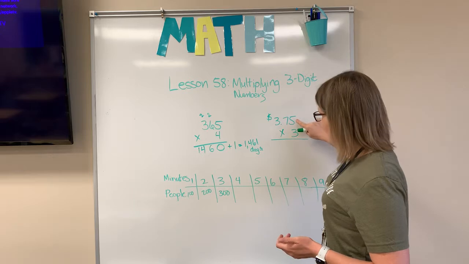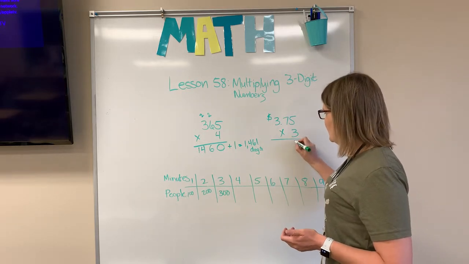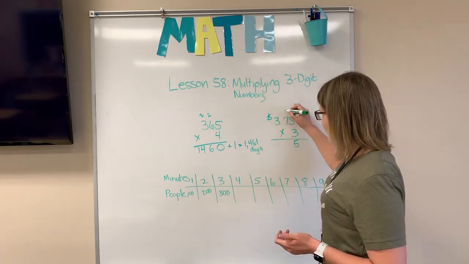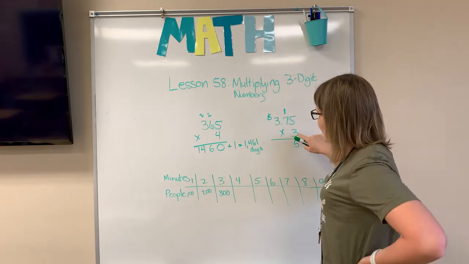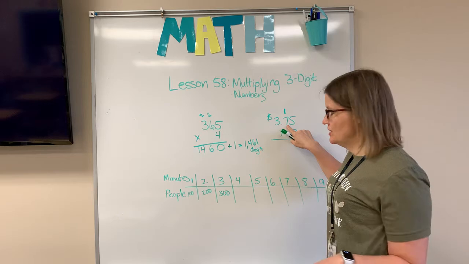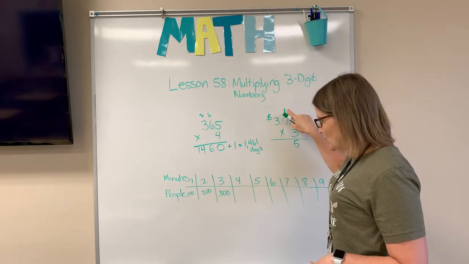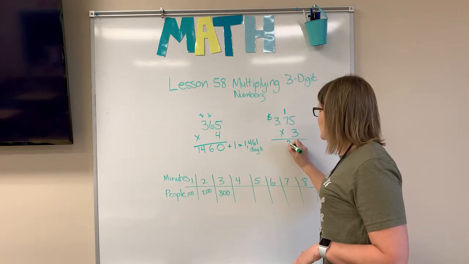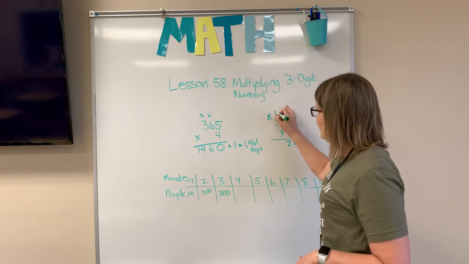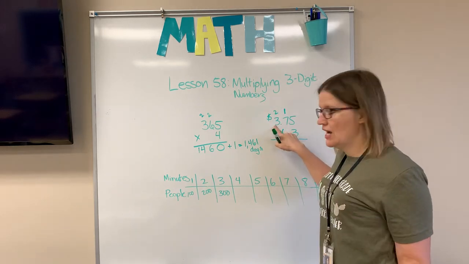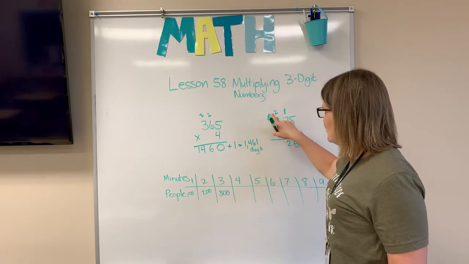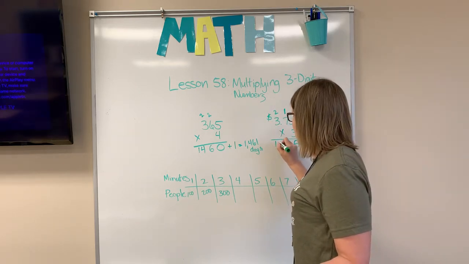Let's begin. 3 times 5 is 15. We put our 5 up and we put our 1 over the tens column. 3 times 7 is 21, plus 1 is 22. Then we put our 2 above the hundreds column. 3 times 3 is 9, plus 2 is 11.